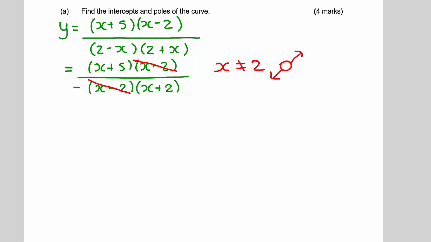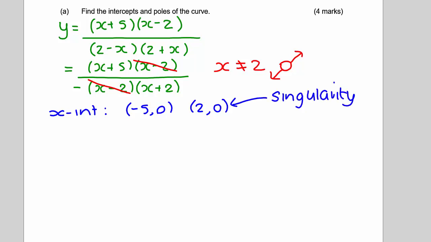We do have our intercepts. Before we simplified, we could see that our top line gives us our intercepts. So let's write down the x-intercepts. Okay, we know that they would be at -5, 0 and at 2, 0, but this one is the singularity.